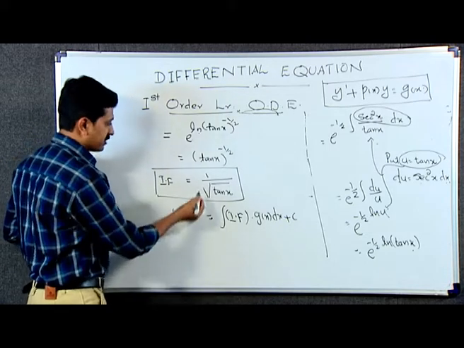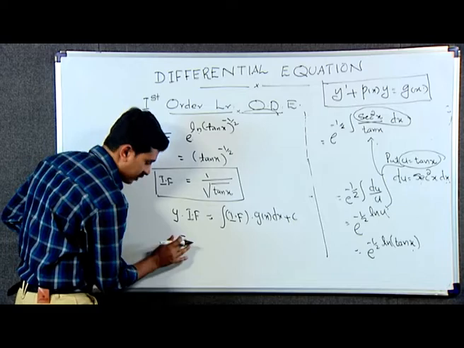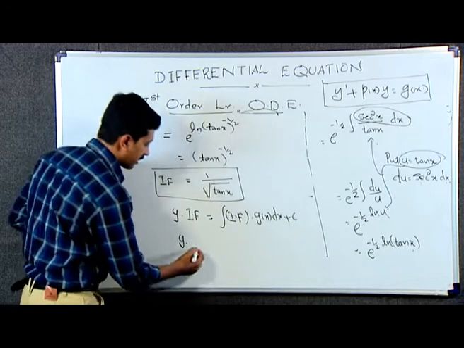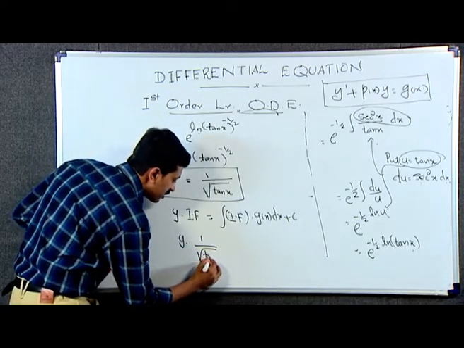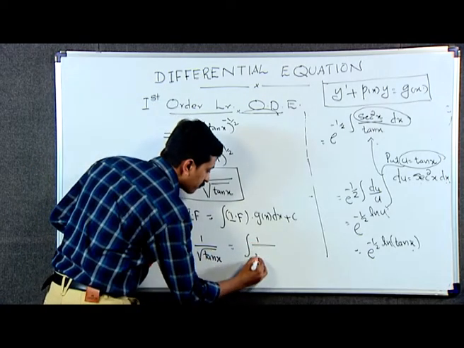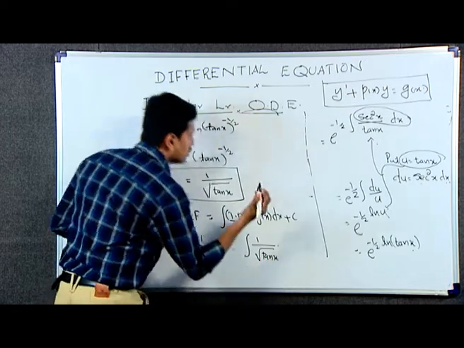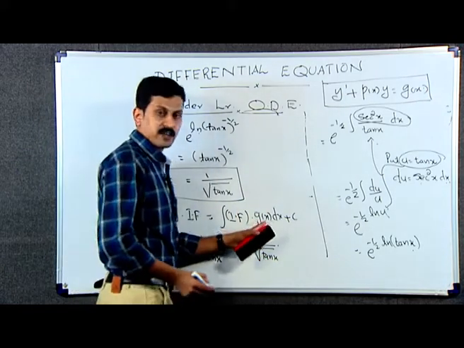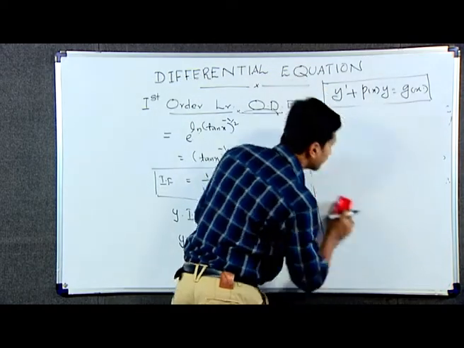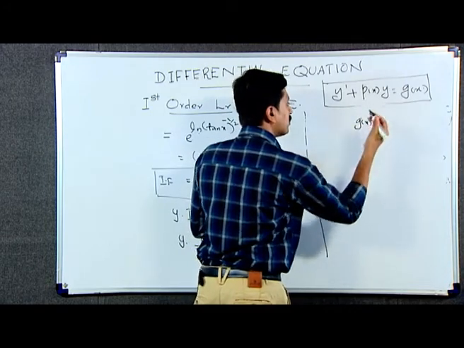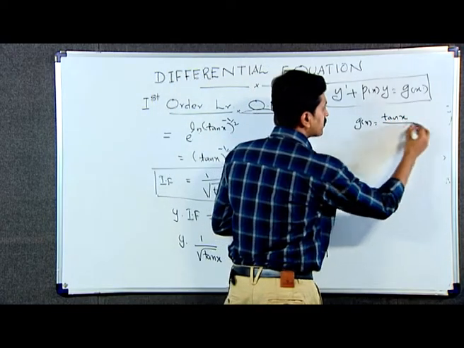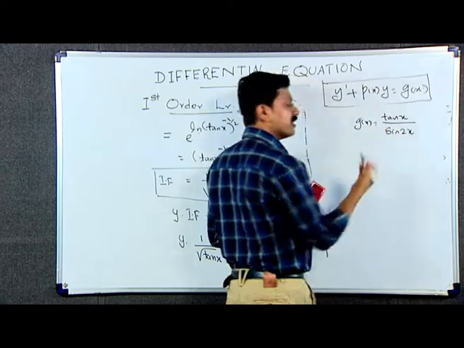See, the integrating factor is 1 by root tan x. Therefore, y into 1 by root tan x is equal to the integral of 1 by root tan x into g of x. What about g of x? We have taken g of x equal to tan x divided by sin 2x.